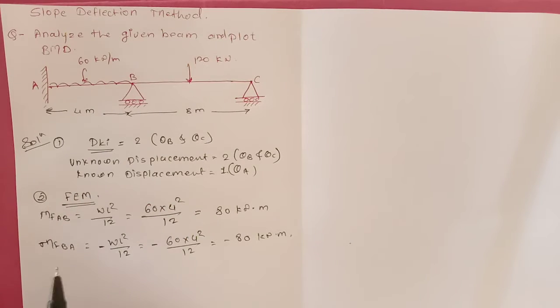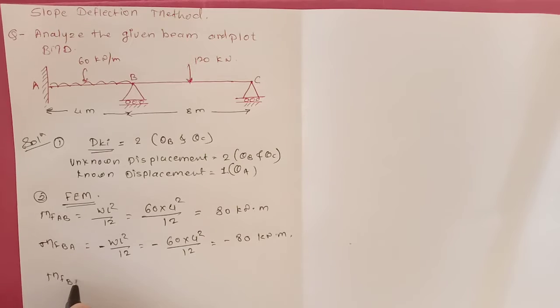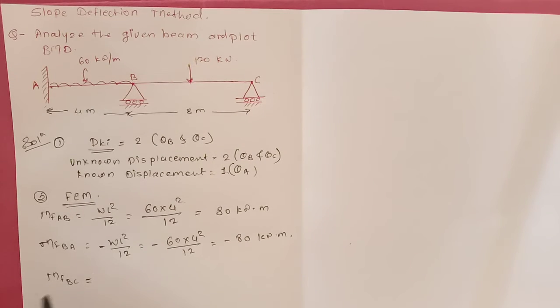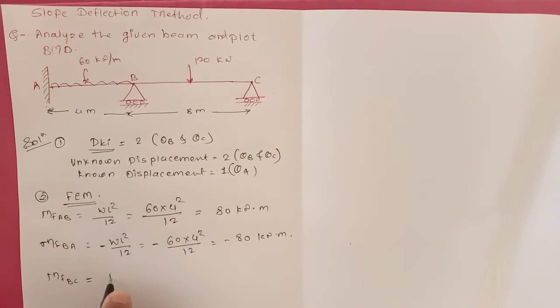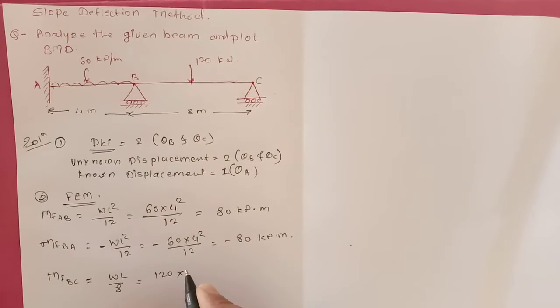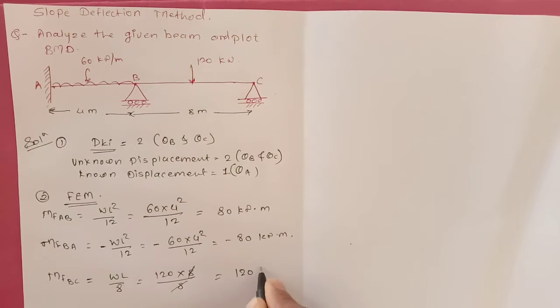Then third, the fixed end moment for member BC. Over this BC member a 120 kilonewton point load acts, so the formula is WL by 8. W is 120 multiplied by length 8 meter divided by 8. Here the 8 gets cancelled, and the answer is 120 kilonewton meter.